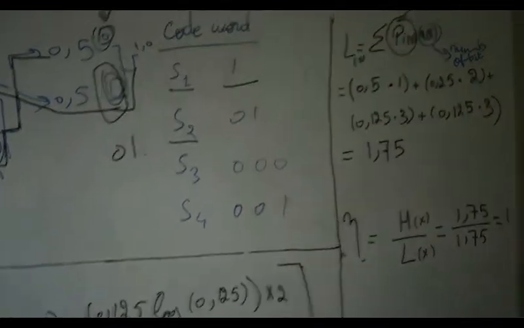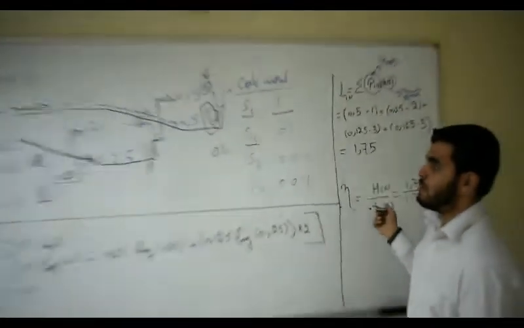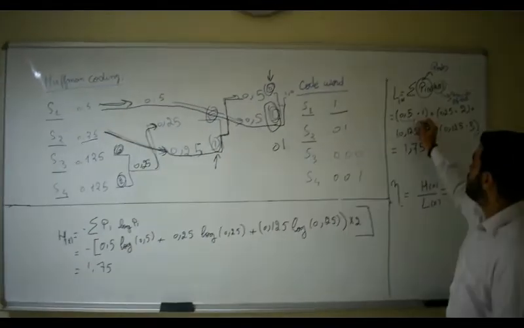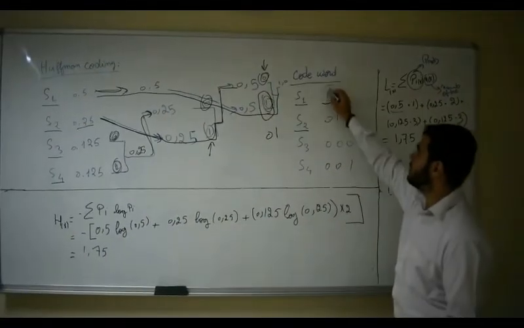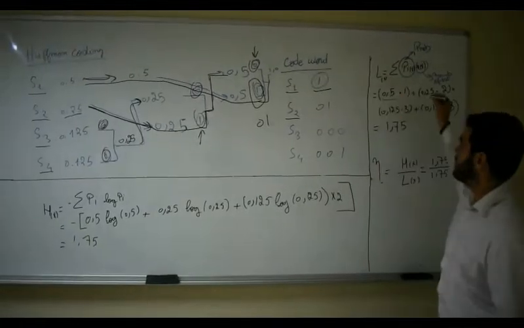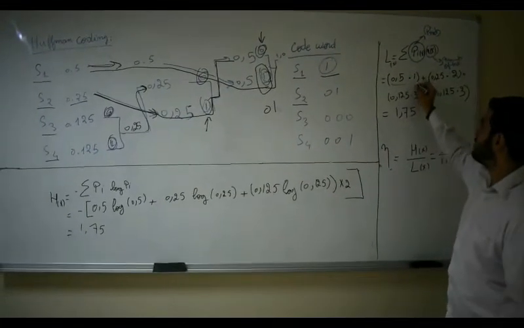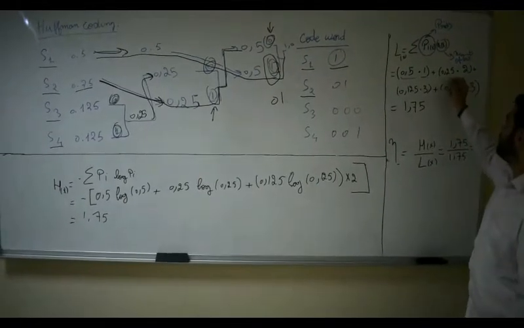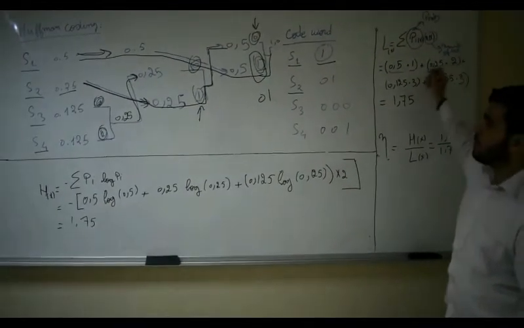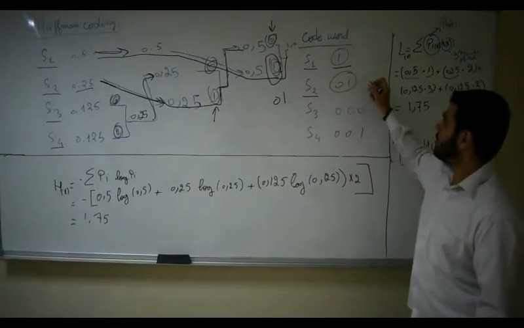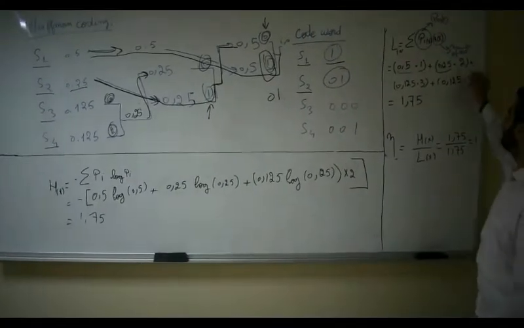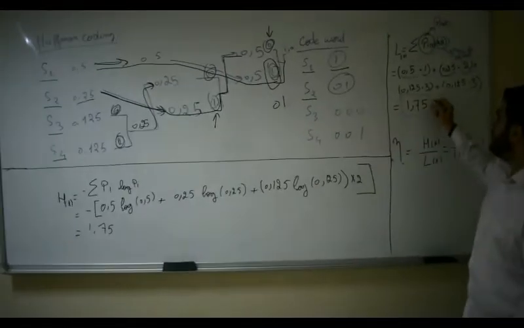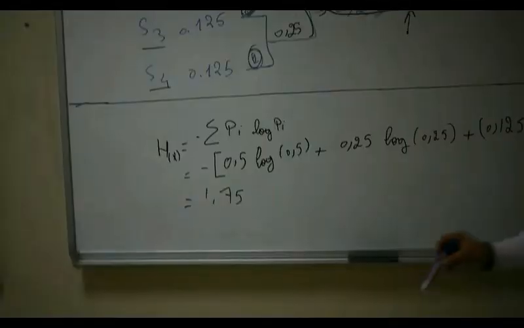So we will start with the first probability 0.5, and we will multiply it by the number of bits, which is 1. So 0.5 times 1, plus the second one, 0.25, multiplied by the number of bits, which is 2, so 0.25 times 2, and so on, and we get L equal to 1.75.